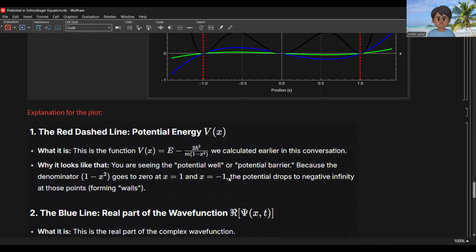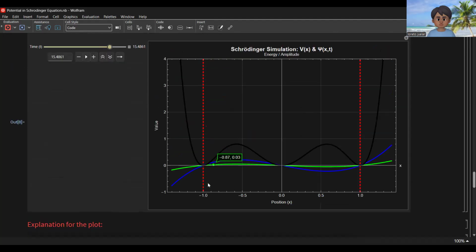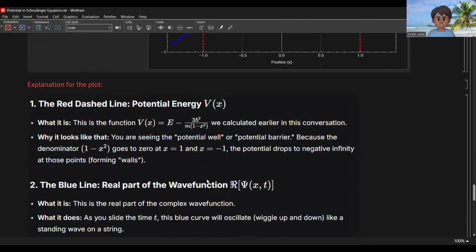You are seeing a potential well or potential barrier because the denominator 1 minus x squared goes to 0 at x equal to 1 and x equal to negative 1. The potential drops to negative infinity at those points, forming walls. So it goes to negative infinity at x equal to negative 1 and x equal to 1, because the denominator is 1 minus x squared.